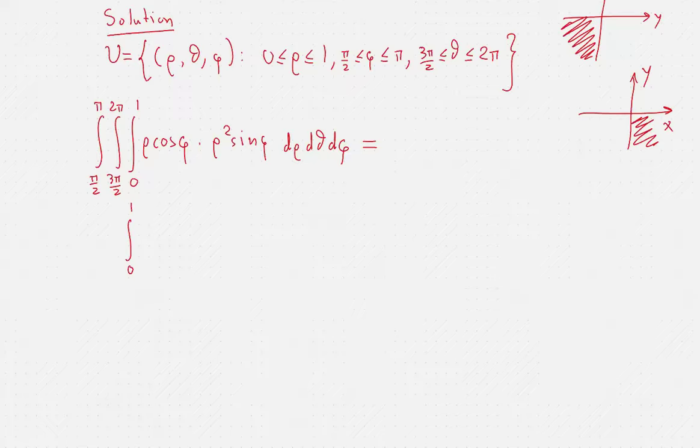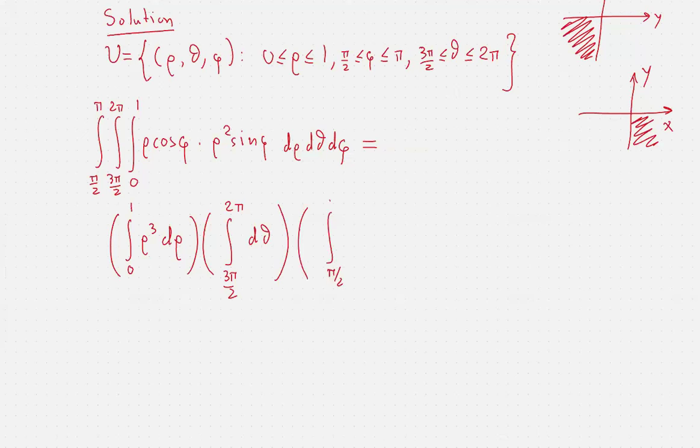So this will be the integral of rho cubed d rho times the integral from 3 pi over 2 to 2 pi d theta times the integral from pi over 2 to pi of cosine phi sine phi d phi.